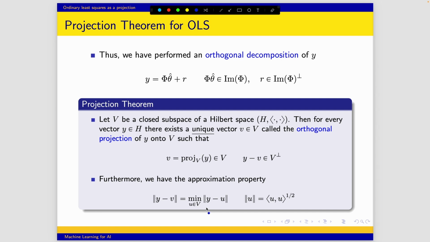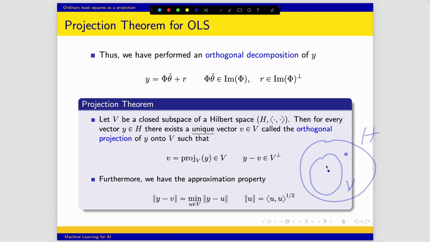So let me try to illustrate this. This is our Hilbert space H, and this is a small portion of that. Let's call it V. It's a subspace of that. Now, y lies here, let's say. Let's say it doesn't lie in here, otherwise it's trivial.